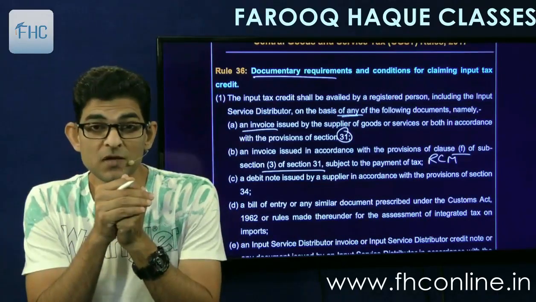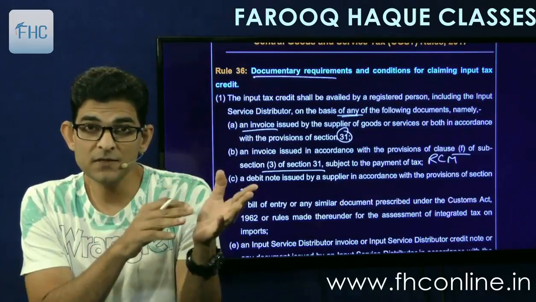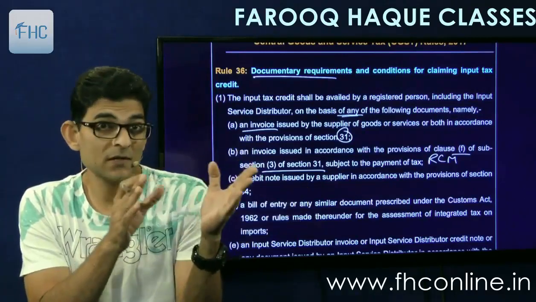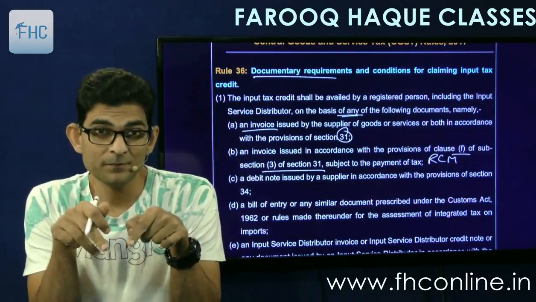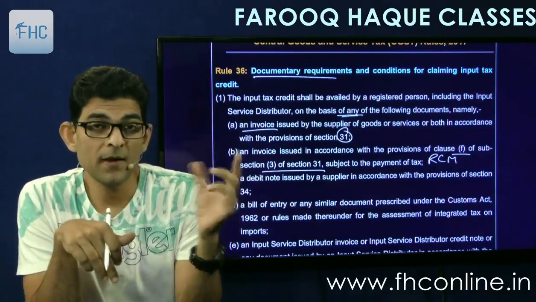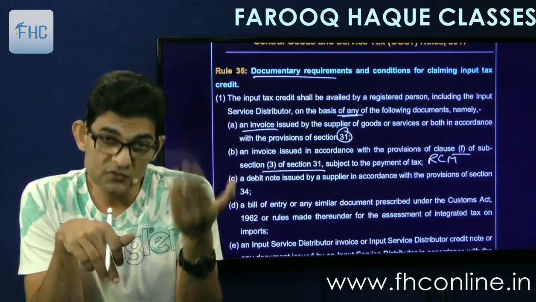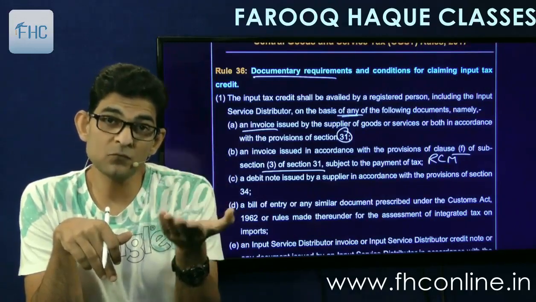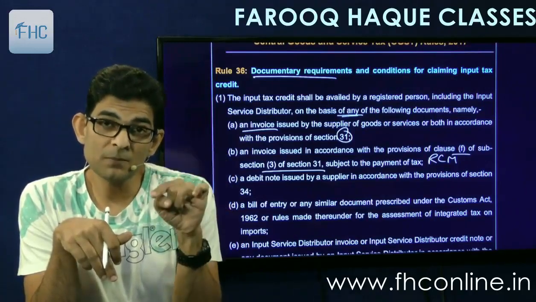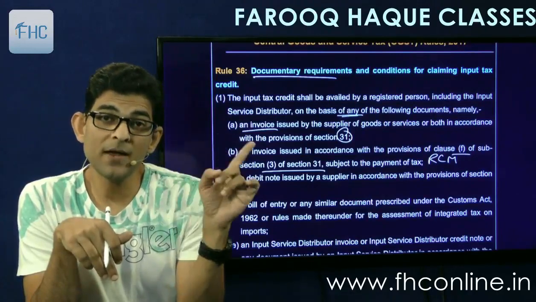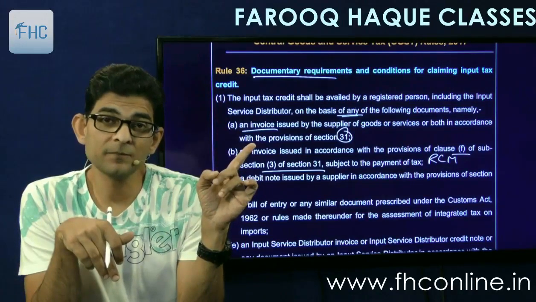In case of reverse charge mechanism, as we have seen earlier in the last two lectures, you get credit on the tax that you pay. But in this case you have to issue an invoice yourself, means the recipient will have to issue an invoice if the supply is received from an unregistered dealer.